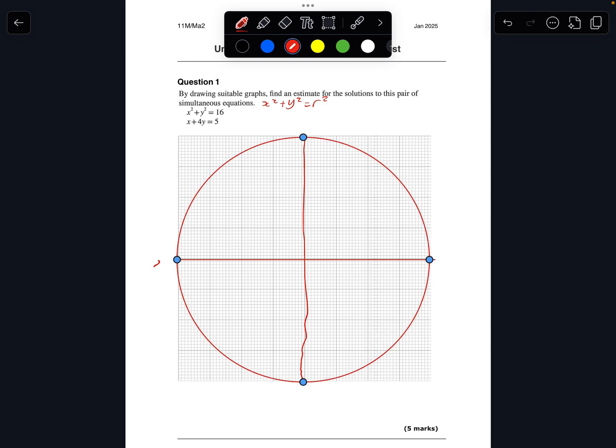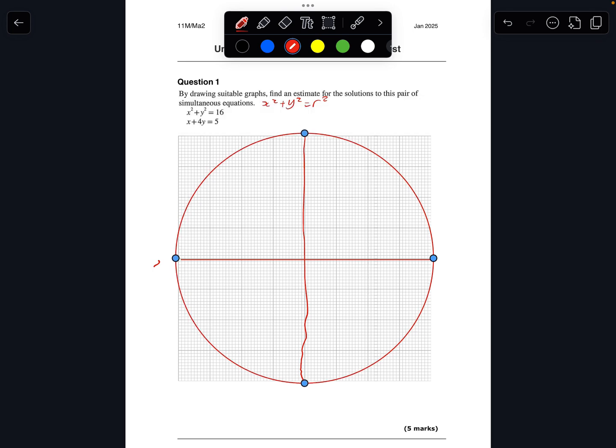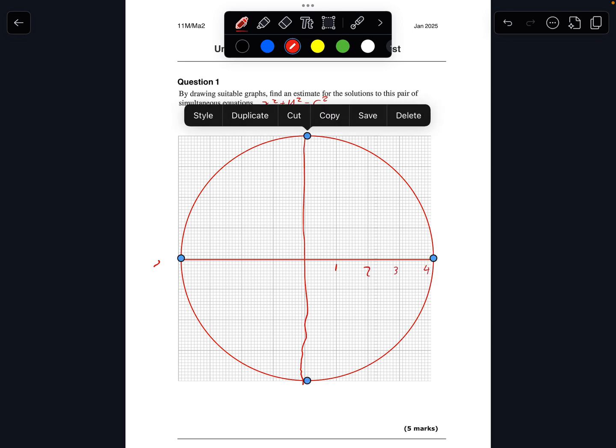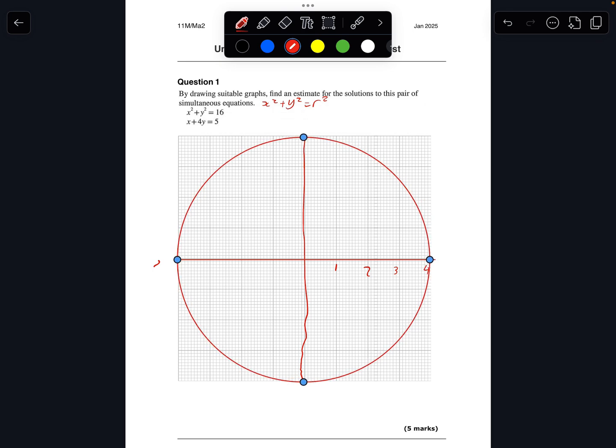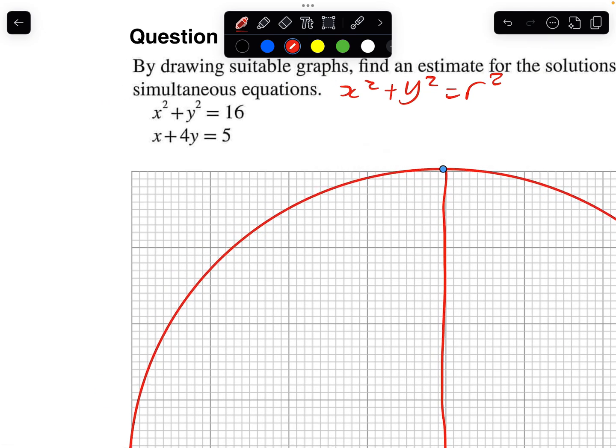Like so, a little bit bigger. Perfect. So that's a circle of radius 4. It needs to be a little bit to the left, but you get the idea. So that is my circle of radius 4.